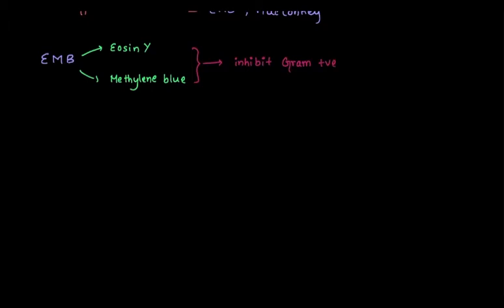And when the gram-negative bacteria are growing, these EMB media have got lactose as a carbon source. So when the gram-negative bacteria use this lactose and cause the formation of acidic products, they would turn the color of the EMB green.